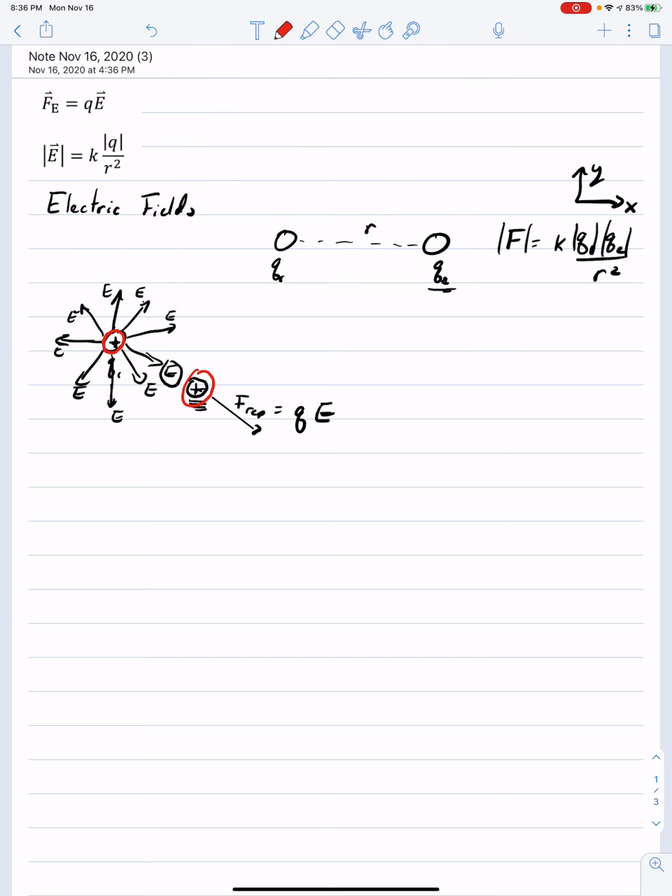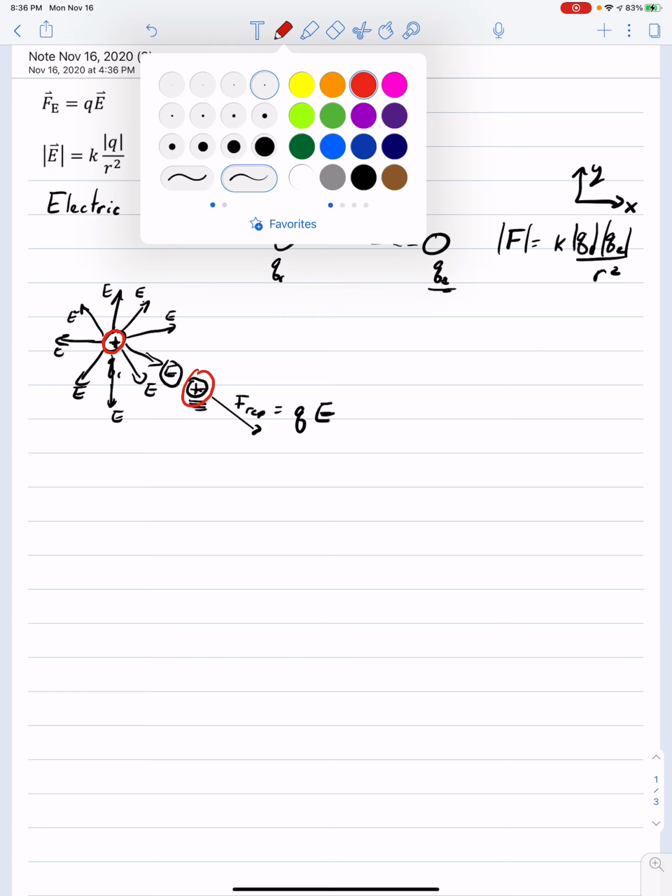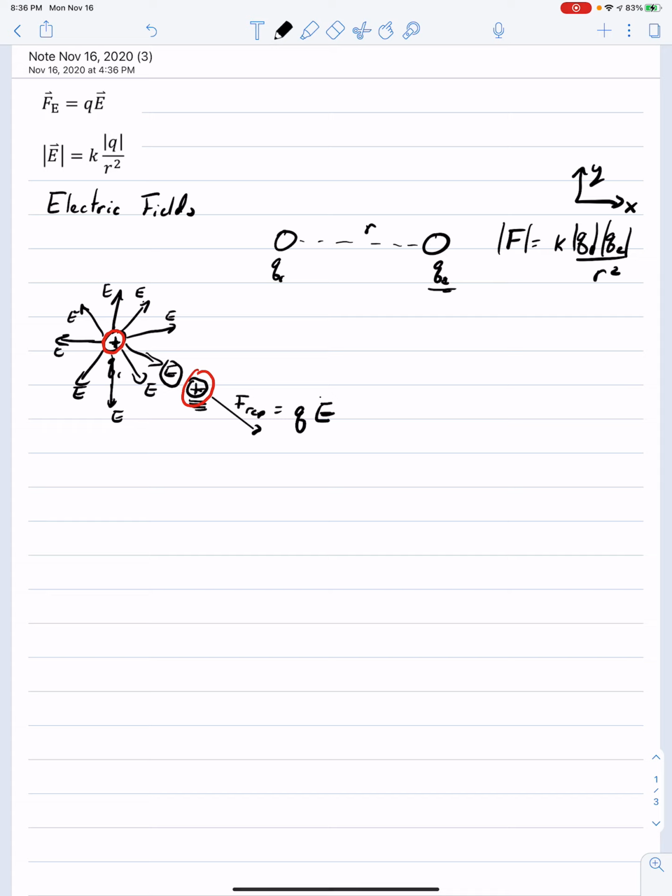Thus, just by understanding the electric field, if you include the charge, you understand the force acting on this charged particle right here.